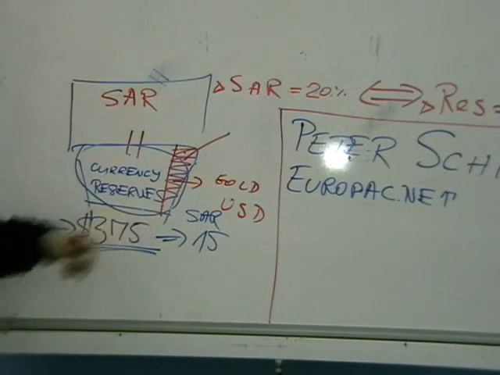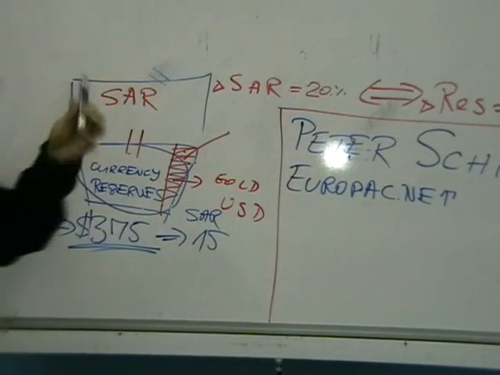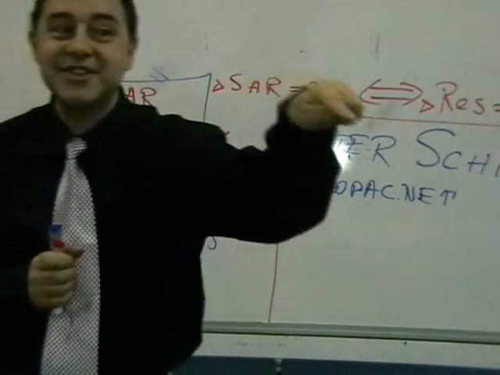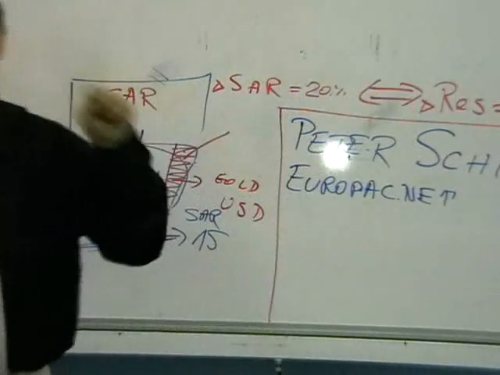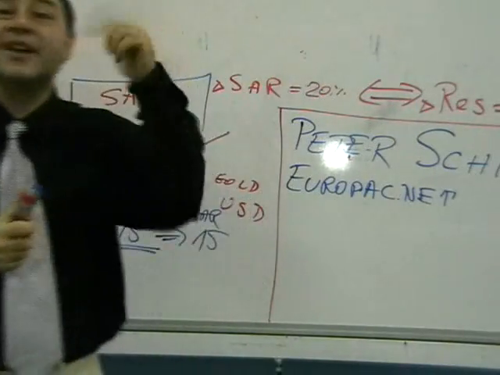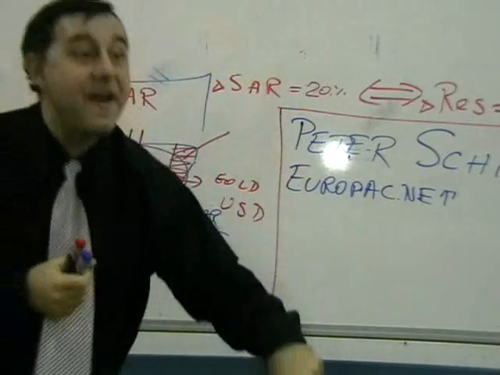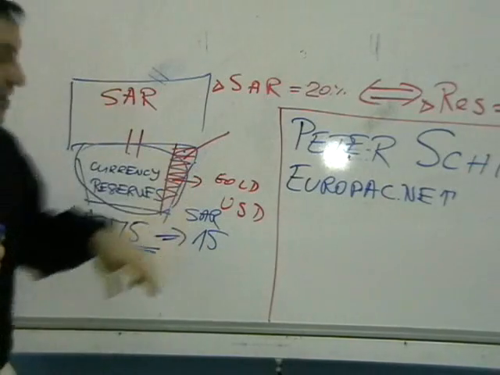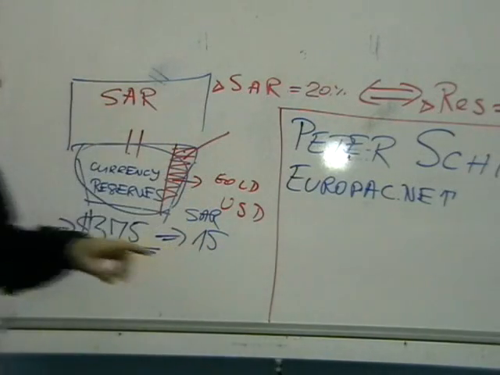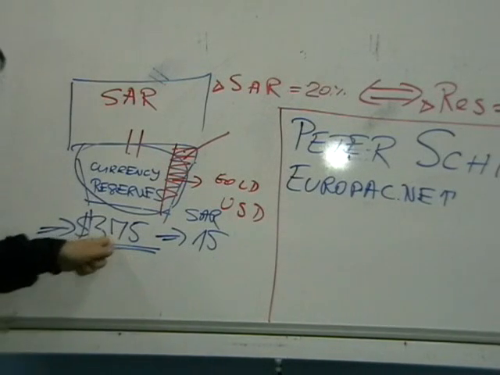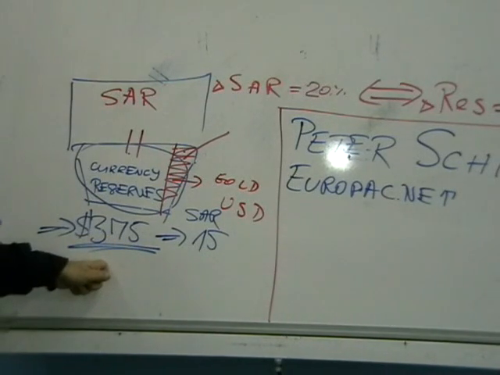All right? In other words, you got to understand that that's not the correct way to think. The correct way to think is not that the Saudi Riyal was revalued. The correct way to think is that the dollar was devalued instead. Okay? So, by devaluing the dollar by 10%, this means we had 375 billion and we just recorded a loss of 37 billion.